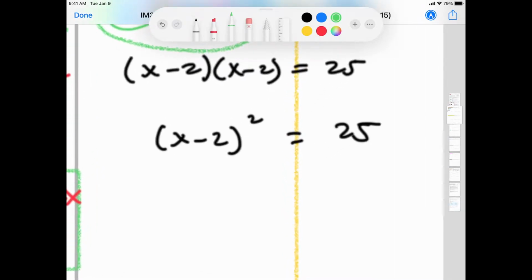Okay, I want to point out that there is nothing in front of this or behind this, so we call that this is now isolated. What does that mean? Basically it means now we can use the square root property. To get rid of that power of 2, I'm going to take the square root. Remember there's a 2 here, so this is gone, and the square root is gone.